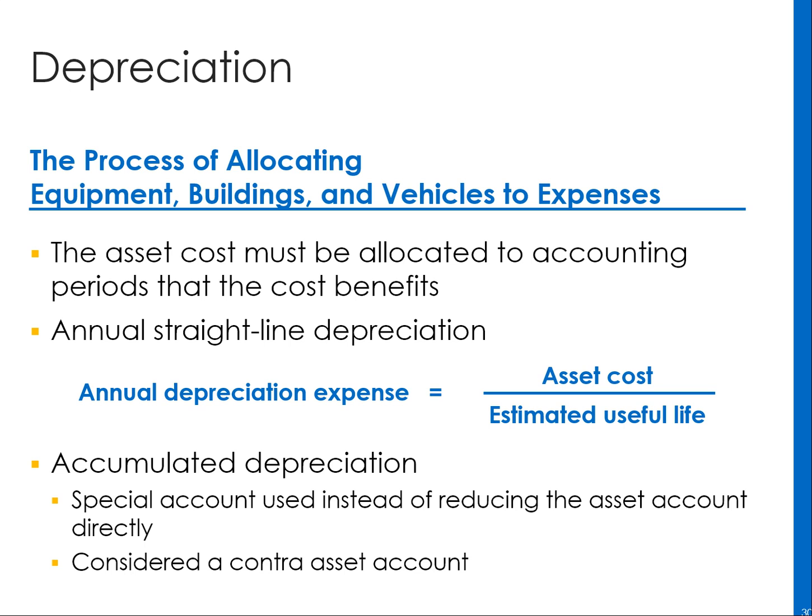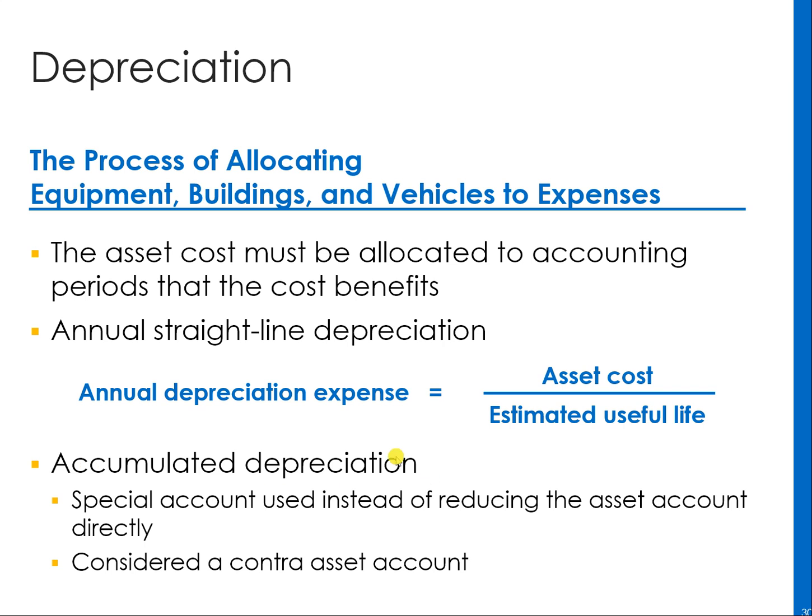And unlike the prepaid rent examples, here to record the depreciation, we do not reduce the asset account directly. Instead, we're going to rely on this accumulated depreciation account to record the reduction of asset.